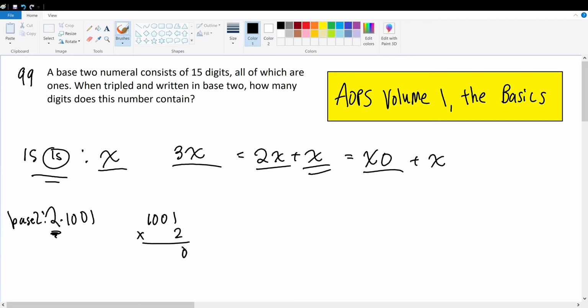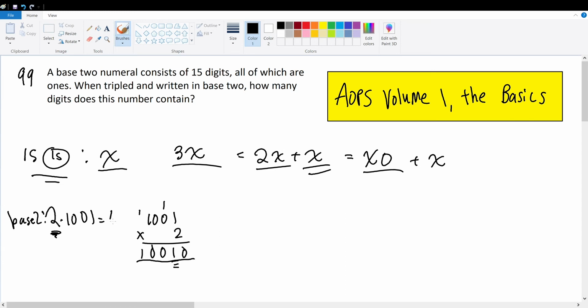Hence, we must put down a 0 and carry the 1. 0 times 2 is 0, plus 1 is 1, so we put down 1. And since this number is 1, we don't have to carry anything over. 0 times 2 is 0, plus nothing will be 0. 1 times 2 is 2, but 2 is greater than 1, so we put down a 0 and carry a 1 over to get 10010.